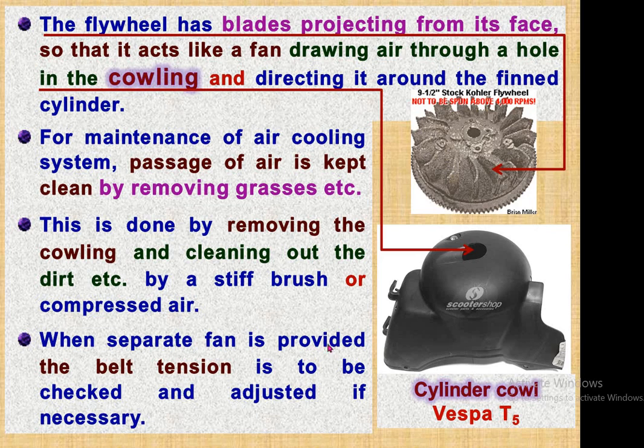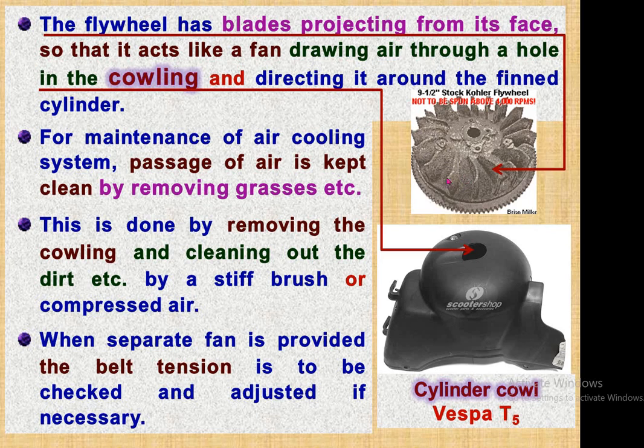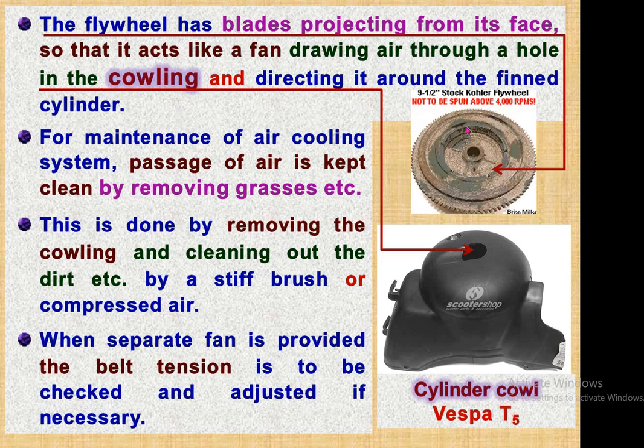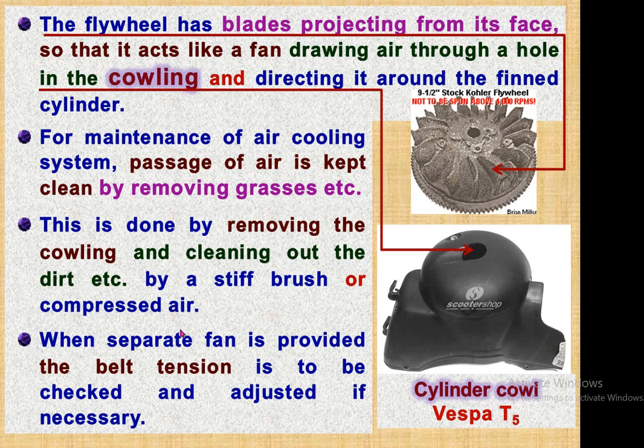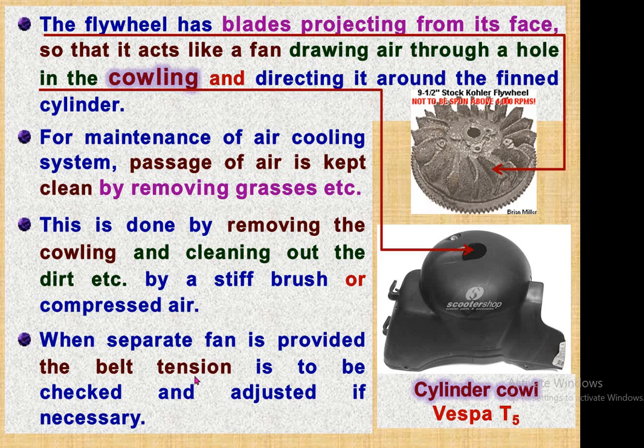When a separate fan is provided, the belt tension is to be checked and adjusted if necessary. Means if this flywheel does not have that projected part, and a separate pin is provided for efficient entry of the air, then in that case the tension of the belt should be proper, otherwise it will not rotate effectively and it will not suck the air inside these traveling parts.